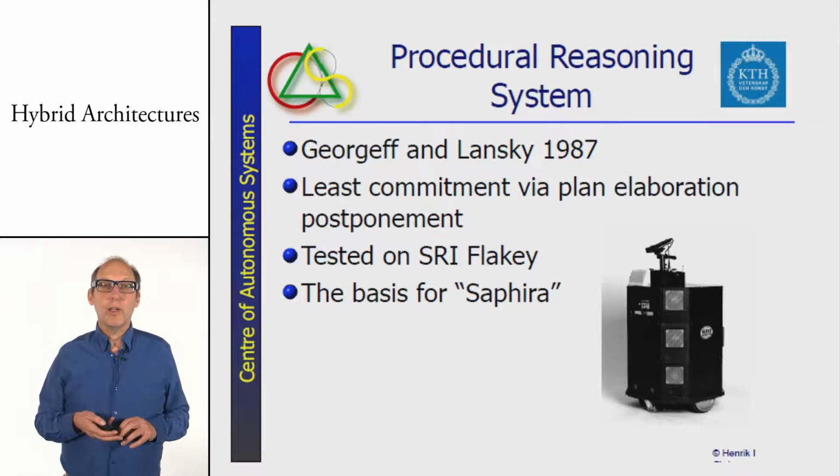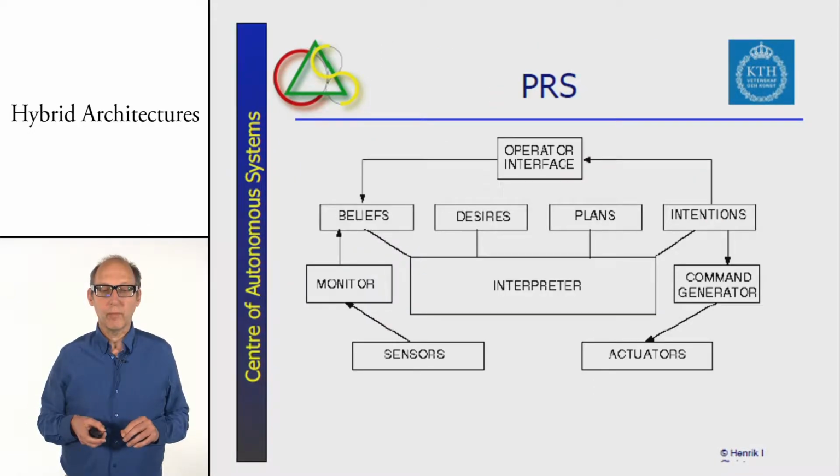This was tested on the Flakey robots, and later developed further in the Saphira robot. And what you see is that you have a central database with everything that the robot wants. You see here nicely that they worked with the belief, desire, and intentions architecture.